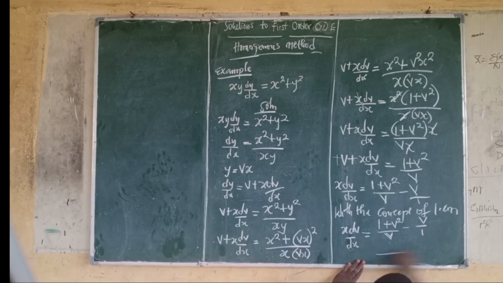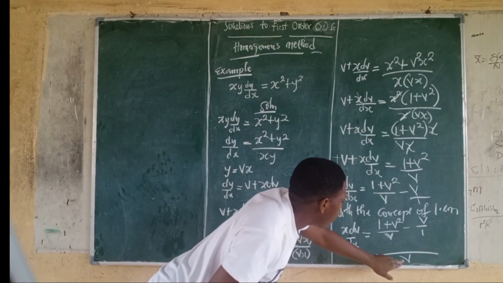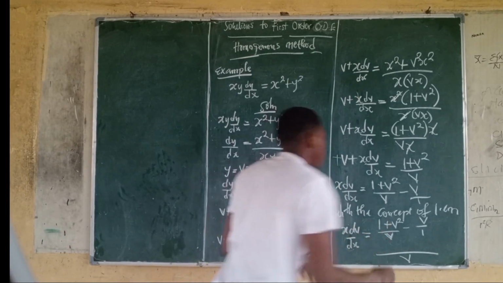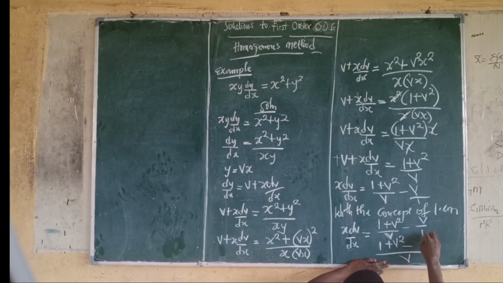What's the LCM? It is v. So v multiplied by v divided by v, we are left with 1. 1 multiplied by everything we have here, we are left with 1 plus v squared minus v multiplied by 1, we have v. v times v is v squared.